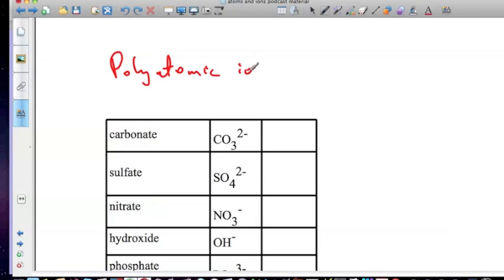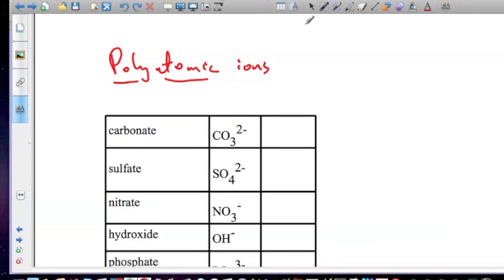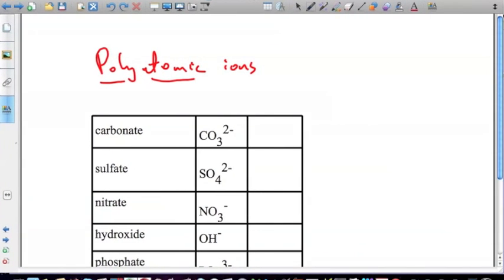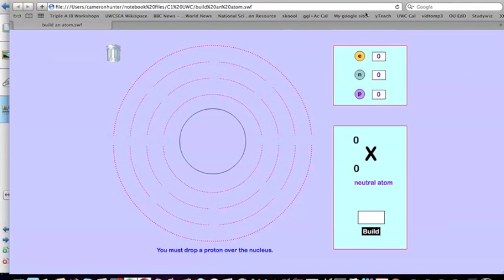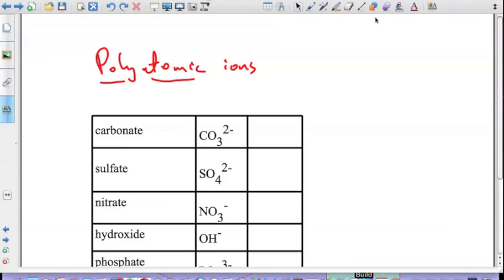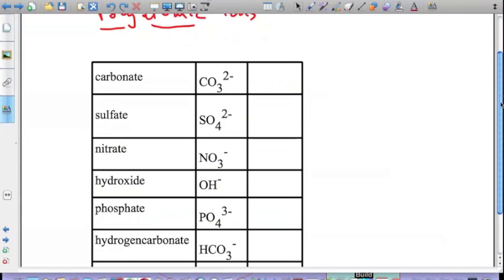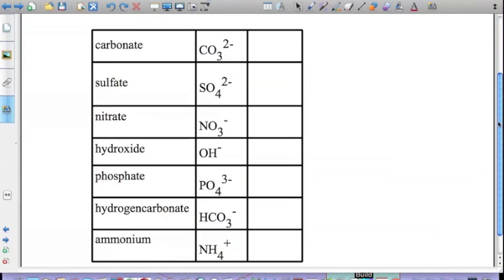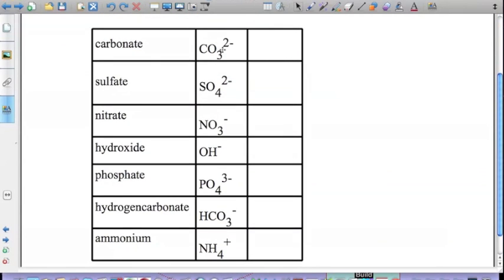Now these polyatomic ions, as the name suggests, poly, many, atom, many different types of atoms. These are formed when atoms combine to form an ion which has got more than one atom in it.